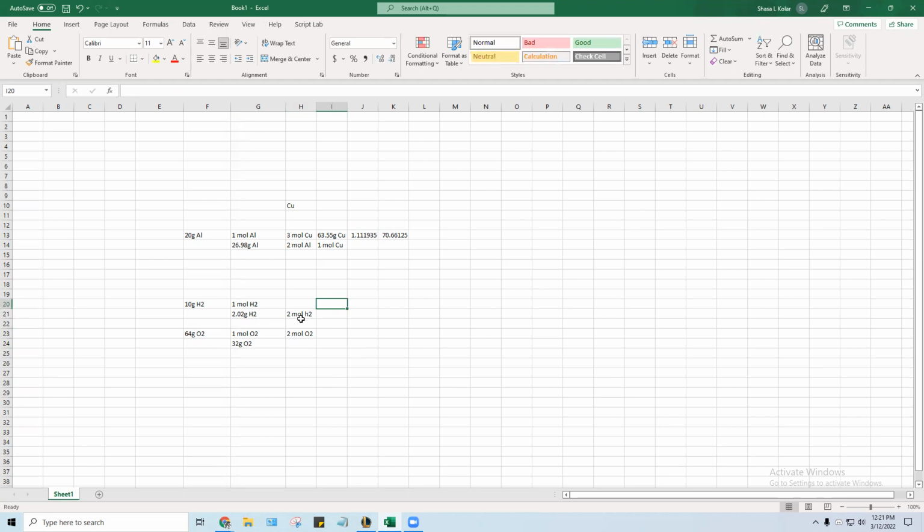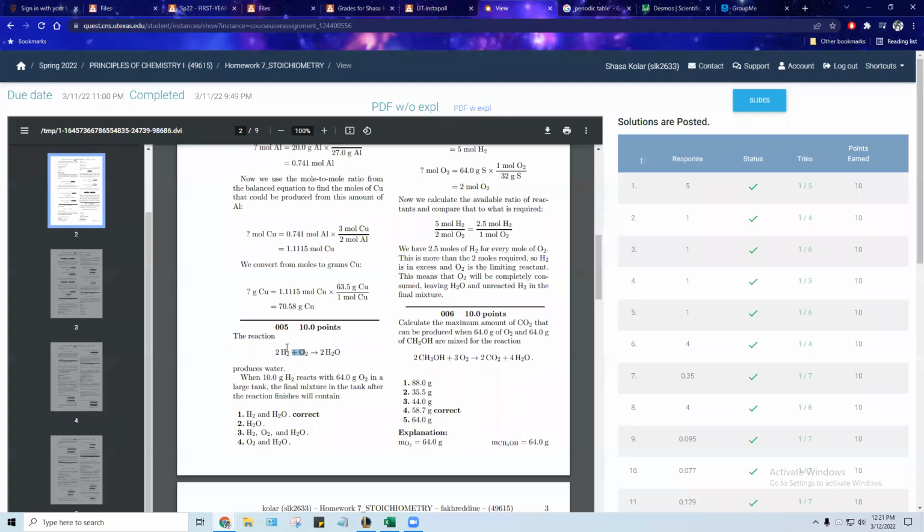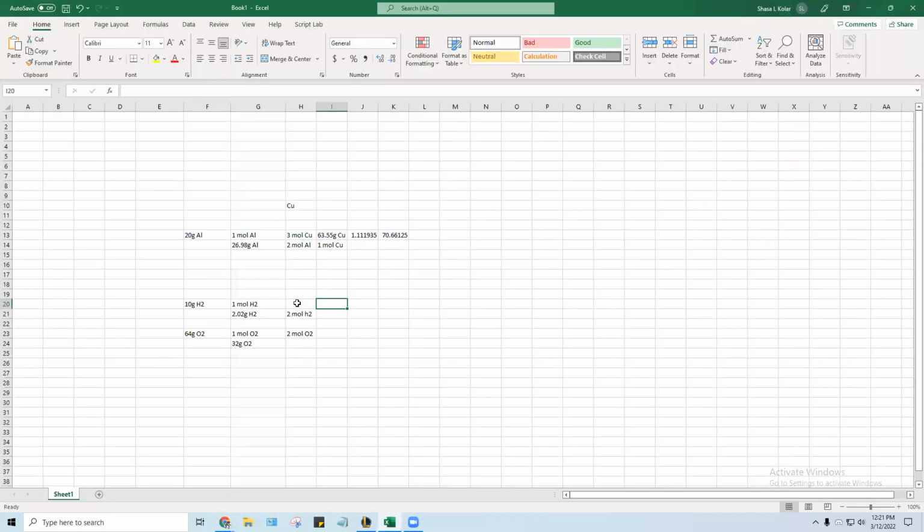And it gives us equivalently, so we're keeping in mind the molar ratio in the equation. So we only have 1 oxygen mole that goes in, but we have 2 moles of hydrogen, H2, that go in. So we want to make sure to remember that when we're doing our math. So it's 10 divided by 4.04.